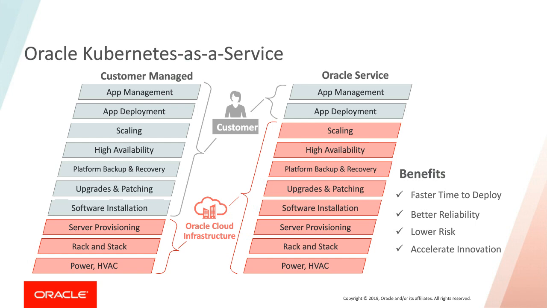Oracle Kubernetes is based on the upstream version supported by the Cloud Native Computing Foundation, CNCF. So that means no vendor lock-in, and also means that everything you have tested with Kubernetes on premises can also be ported to OKE without the need to re-architect it. So use OKE when your development team wants to reliably build, deploy, and manage cloud-native applications.